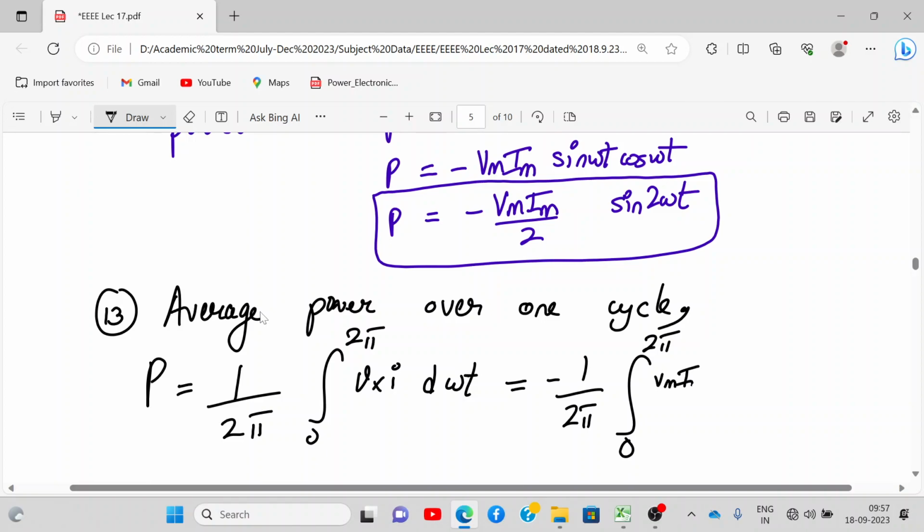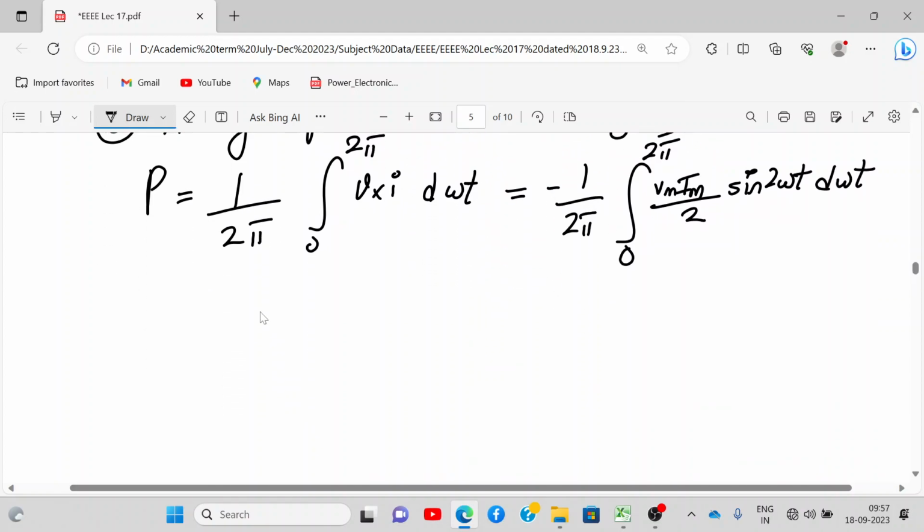Don't worry, we are not going to solve this right now. If you solve this, you will get power as 0.